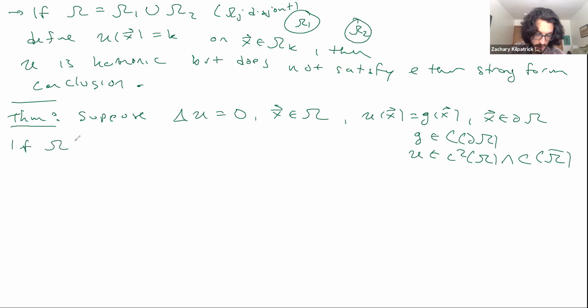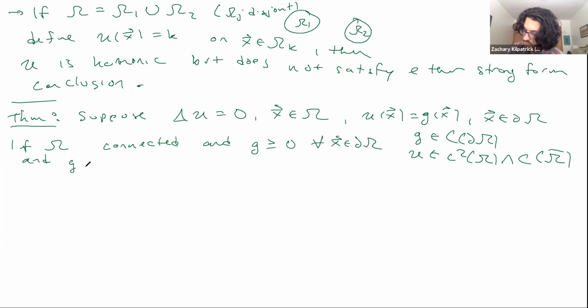Well, if omega is connected, and G is greater than or equal to 0, so it's non-negative for all x that live in d omega. And we also have that G is greater than 0 for some x in d omega.